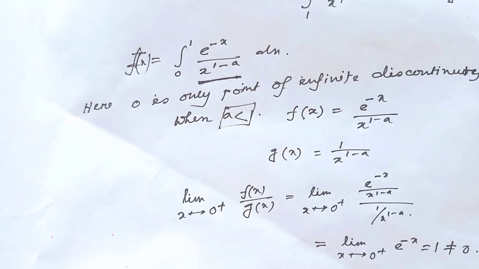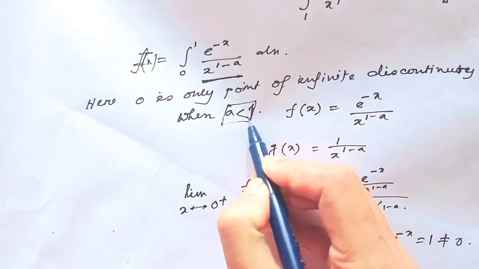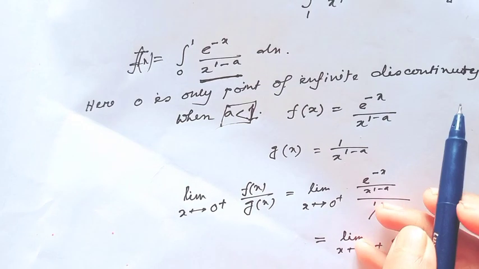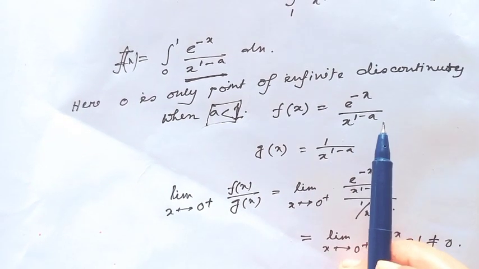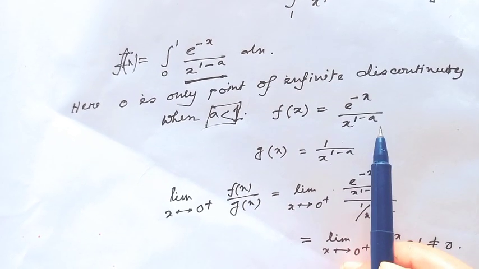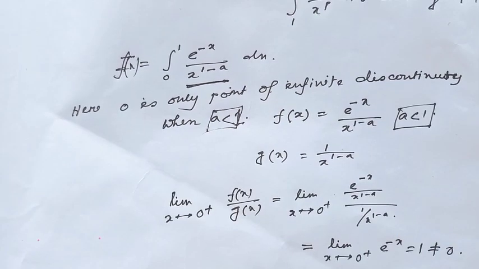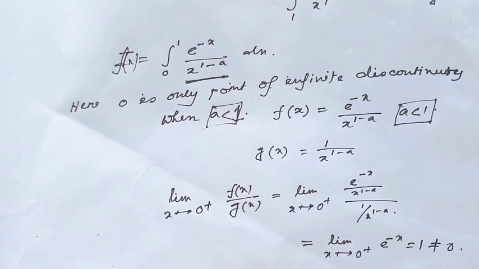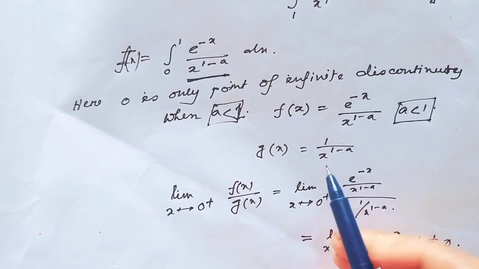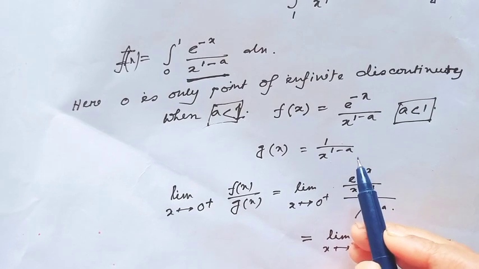That means when a is less than 1, then 0 is the infinite discontinuity. Now consider f(x) equal to e to the power minus x over x to the power 1 minus alpha. Now how can we choose g(x)? Consider g(x) equal to 1 upon x to the power 1 minus a.